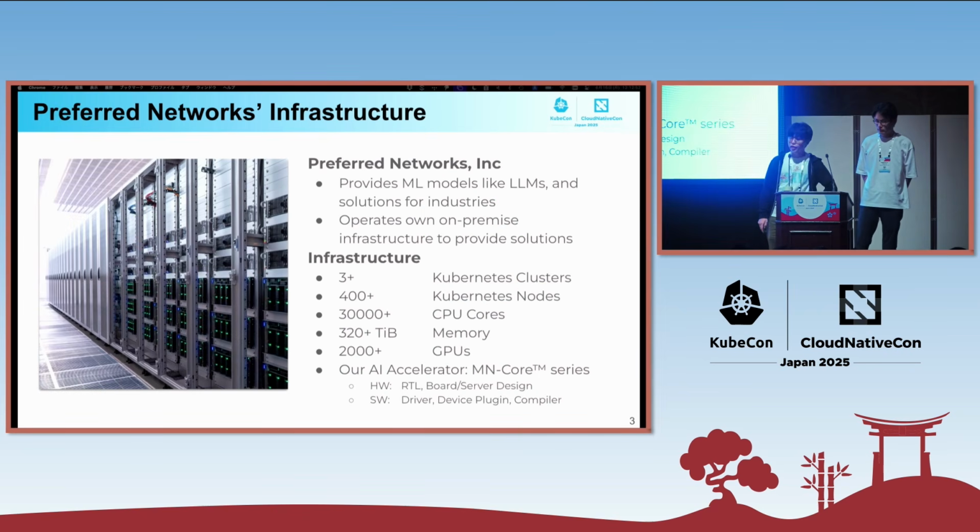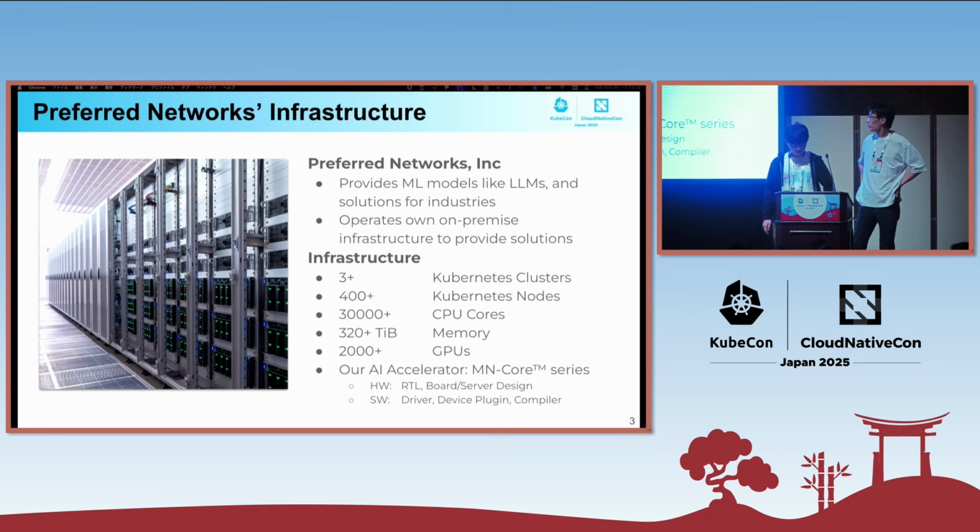First, I'd like to describe our computing infrastructure where the software we introduce is running right now. We at Preferred Networks are an AI and machine learning company, and we've developed machine learning models like large language models and many solutions for the industries. These activities use our on-premise computing infrastructure. We have 3 Kubernetes clusters for production and several evaluation and staging clusters.